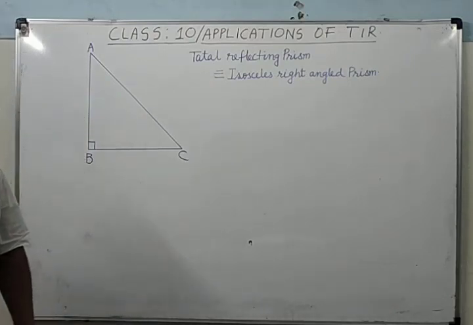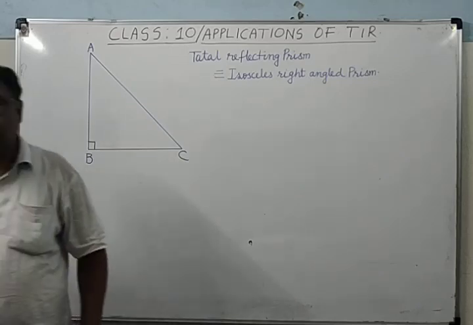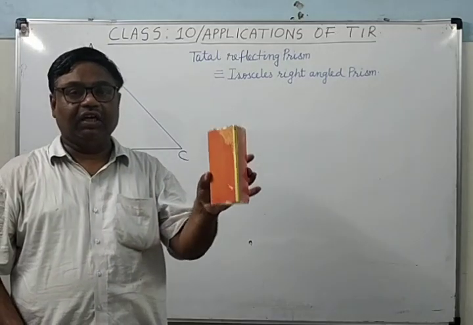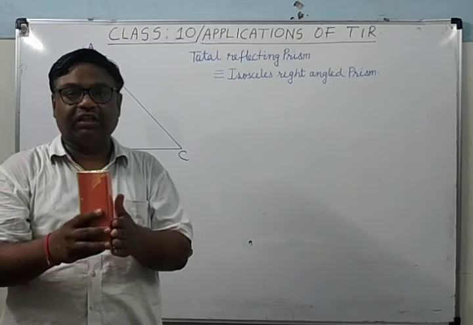As I have already told, the prism having three rectangular faces, that day I showed to you. Here this is an equilateral prism. All its faces are of the same size. It's clear.